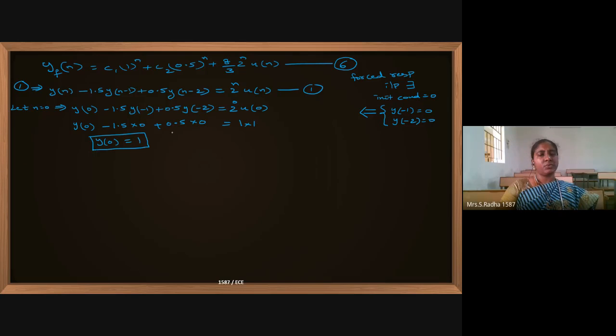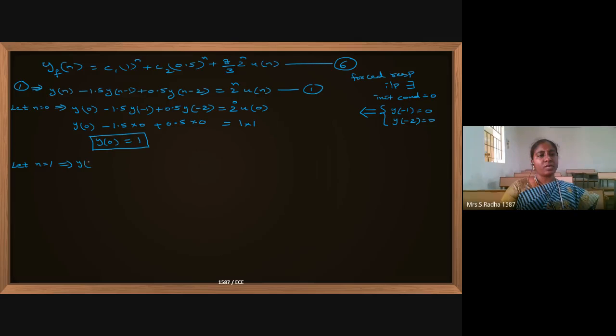Initial condition 0 means you have to substitute that in the given question and get some values, and only then use them in equation 6. Now y of 0 is available. I will also make n equal to 1. What happens to equation 1?